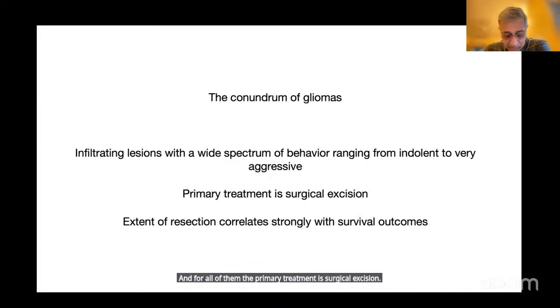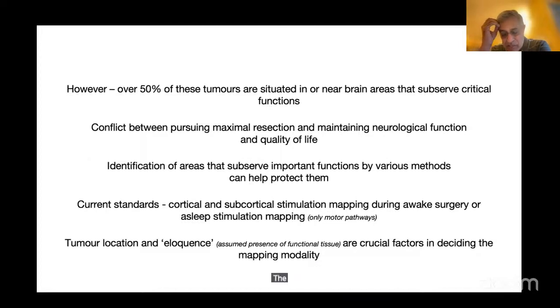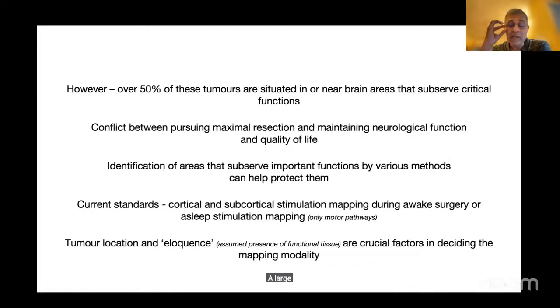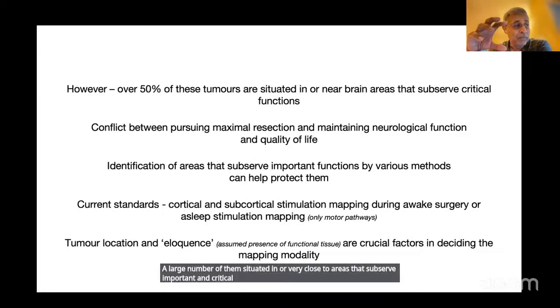And as has been repeatedly demonstrated by various speakers and in literature, the extent of resection correlates strongly with survival outcomes. The flip side is, much as we would like to resect all these tumors, a large number of them are situated in or very close to areas that subserve important and critical functions in the brain.